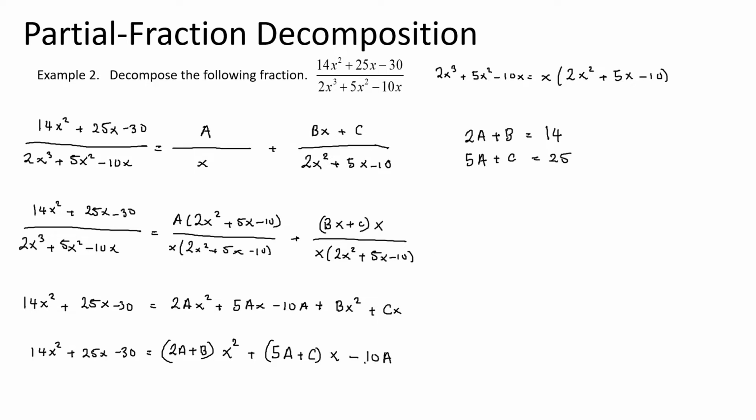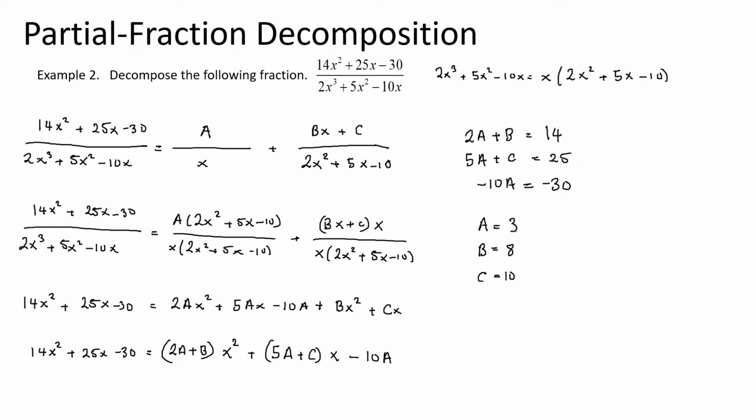And lastly, negative 10a has to equal negative 30. So now we have our equations that will help us solve a, b, and c. A is pretty straightforward to solve, so a will equal 3. Now, by substituting 3 back in, we could solve for b. B will equal 8. Similarly, by substituting 3 back into the other equation, we could solve for c. C will equal 10.